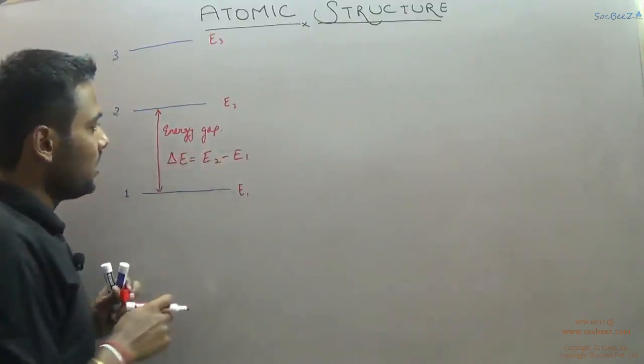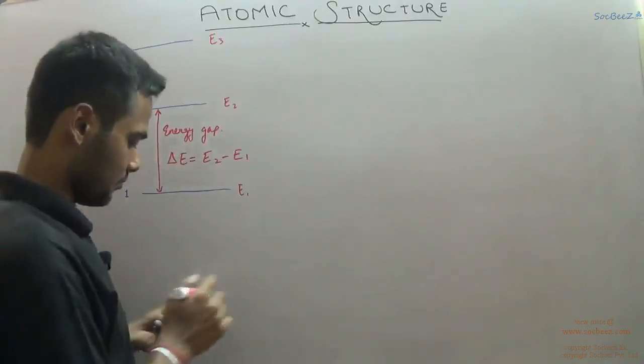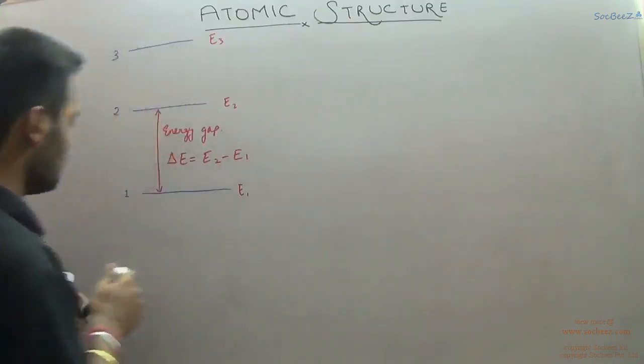Now suppose we irradiate a sample, or suppose an electron is sitting here in energy level 1.